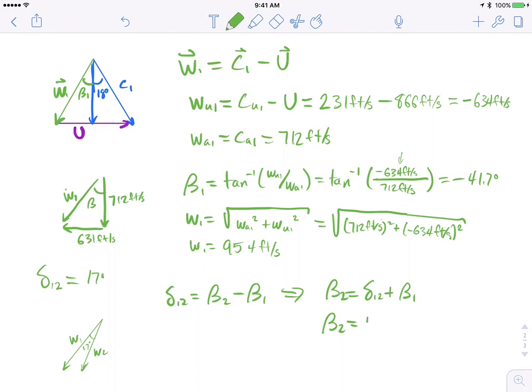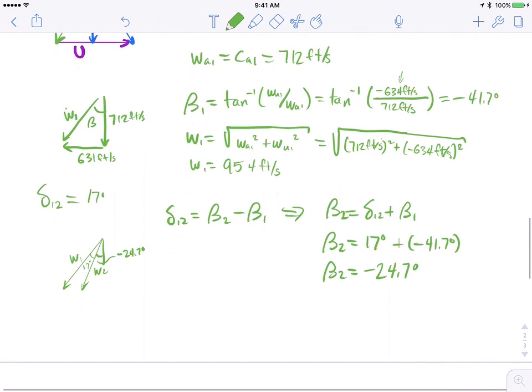So our new flow angle is going to be 17 degrees plus minus 41.7 degrees. So our new outlet flow angle is minus 24.7 degrees.